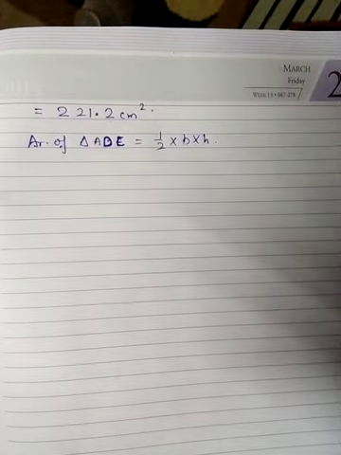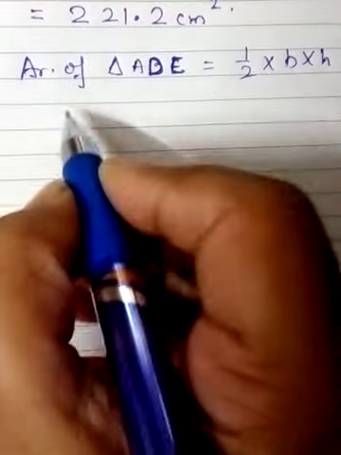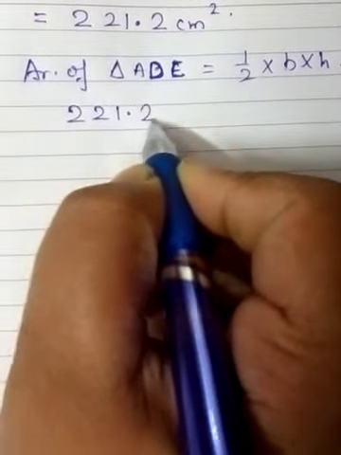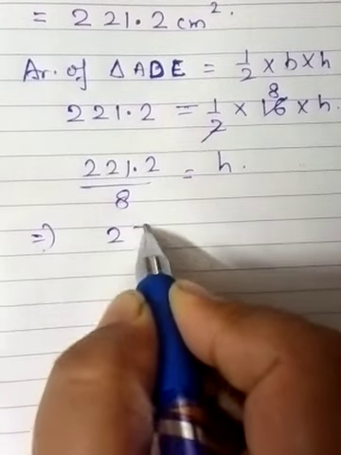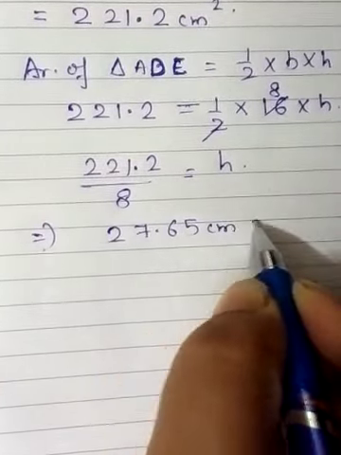So the area is 221.2, half into our base is 16 and height we don't know. So this is 8. 221.2 by 8 is equals to h. Now I'm going to divide it and we'll get here 27.65 centimeter is equals to height.